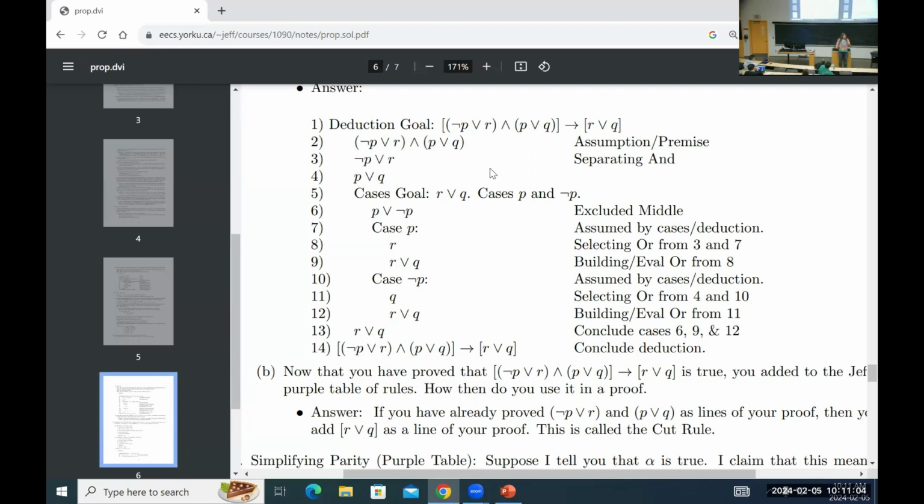But we don't really seem to have that here. So if you look under the purple table again, under or, the only other thing it lists is by cases. And I gave the hint do proofs by cases with P or not P.